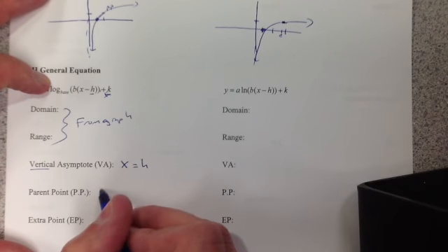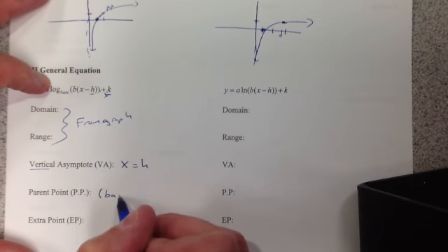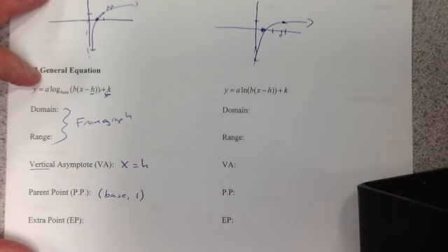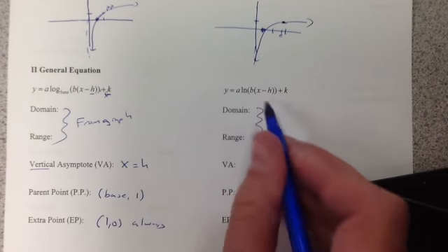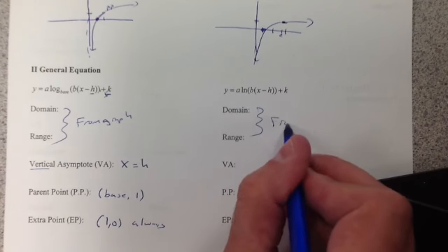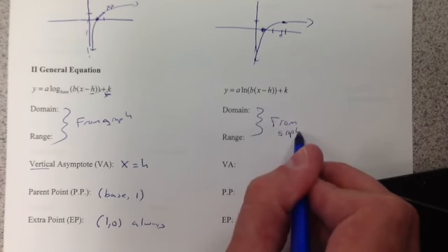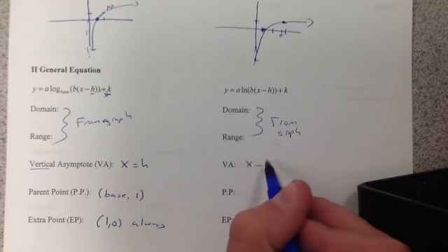The parent point is going to be the base, 1. And the extra point is going to be 1, 0. And this is always, and that never changes.